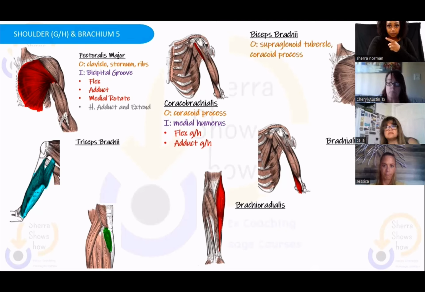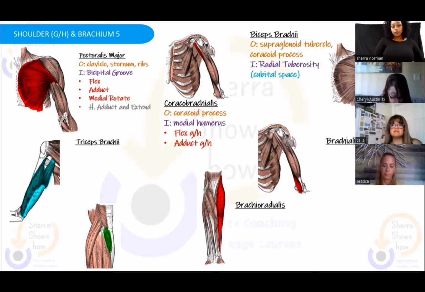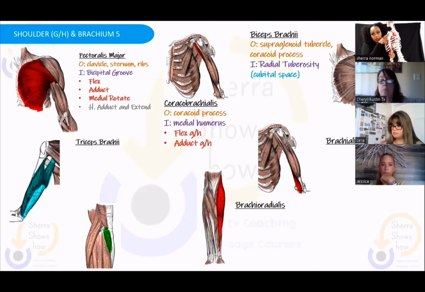Biceps brachii originates on the supraglenoid tubercle and the coracoid process. The long head, it goes at the supraglenoid tubercle, the short head at the coracoid process, okay? So here's our supraglenoid tubercle right there at the top of the glenoid cavity. The long head passes through the intertubercular or bicipital groove, okay?